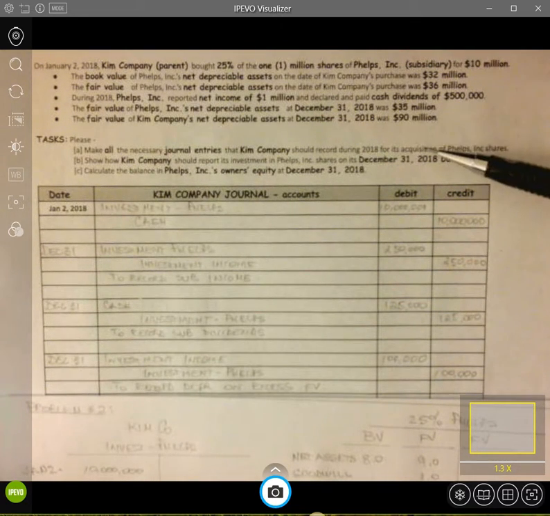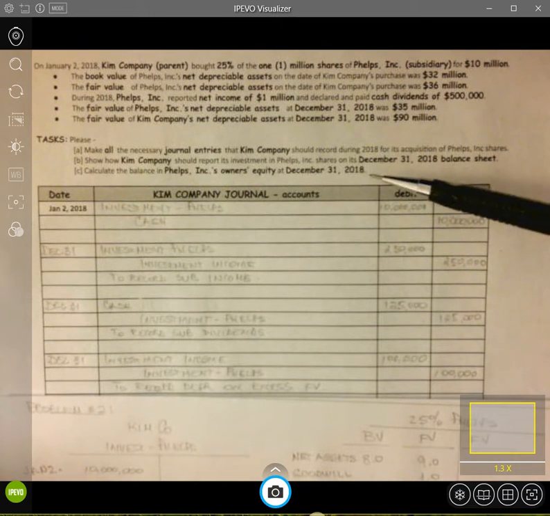We're to make all the necessary journal entries that Kim Company should record for its acquisition of subsidiary Phelps, and then show how Kim Company, parent, should report its investment in subsidiary Phelps on its December 31, 2018 balance sheet, and then, based on the logic that you know of the equity method, show what the subsidiary Phelps owner's equity would be on its balance sheet at December 31, 2018.